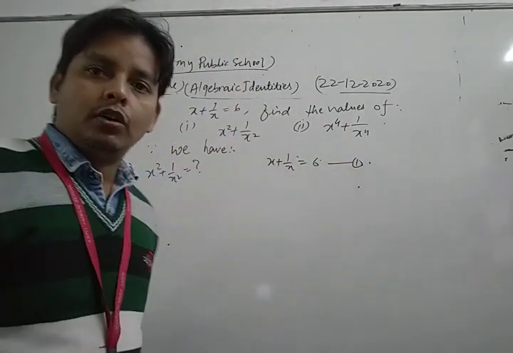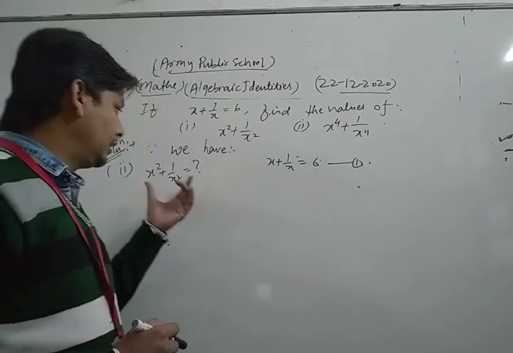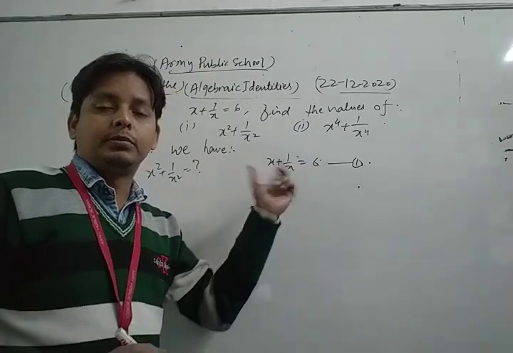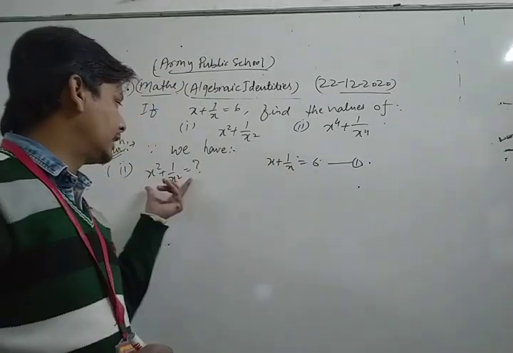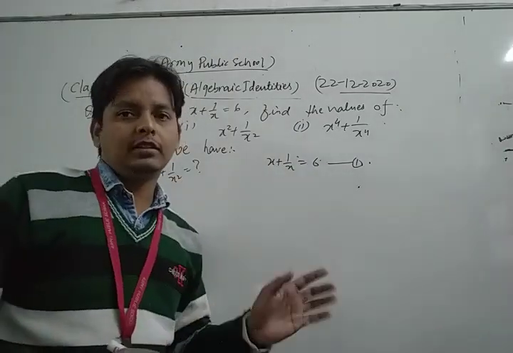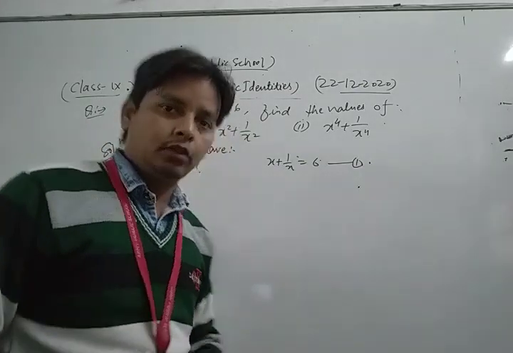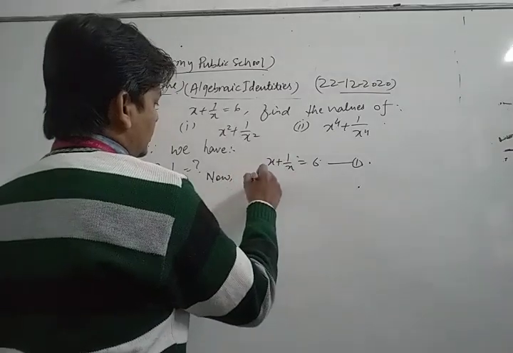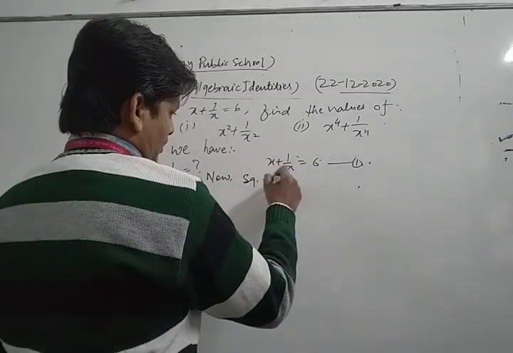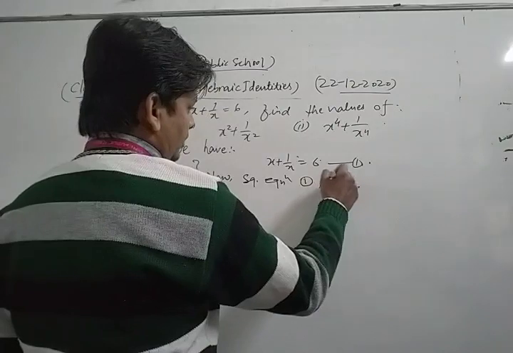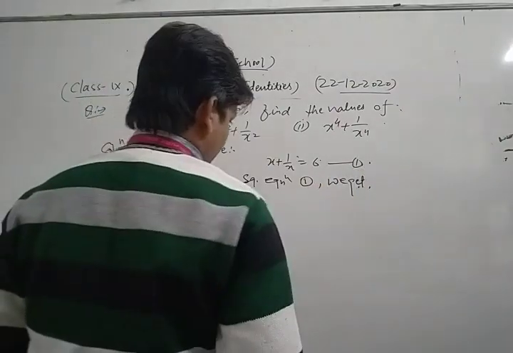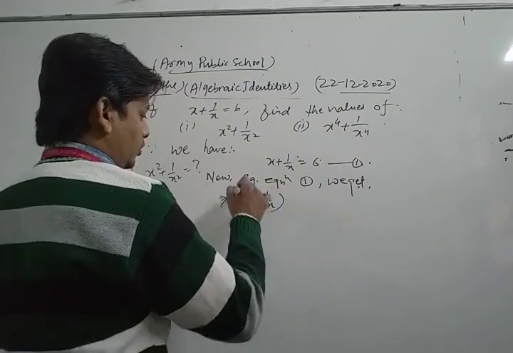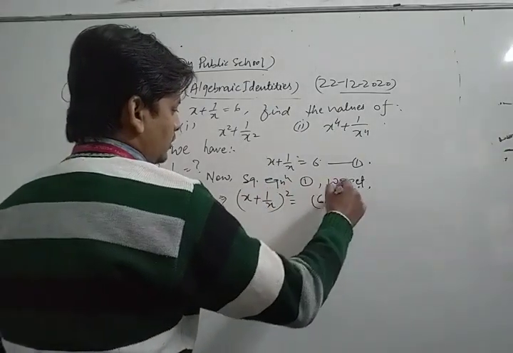Now, first of all we square both sides of the equation, because if we square both sides, then that term also comes in the squared relation. So squaring equation 1, we get x plus 1 upon x whole square is equal to 6 square.